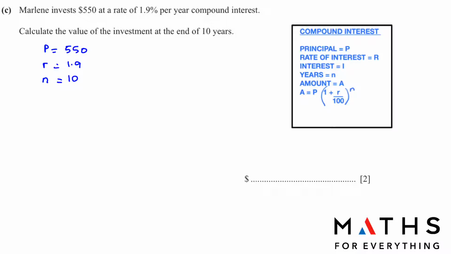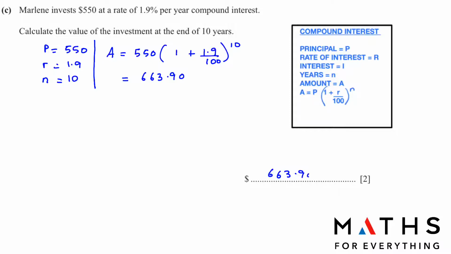So we need only these things now. A is the amount or your total investment at the end of the 10 years. 550, 1 plus 1.9 over 100 to the power of 10. The whole thing you can put in the calculator together and you will get 663.90.